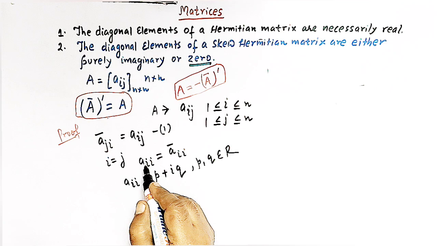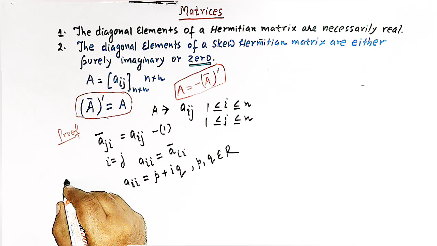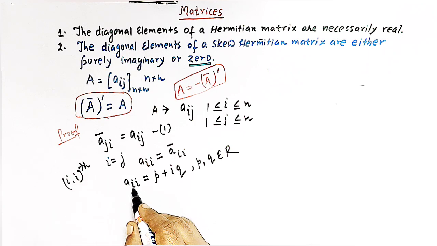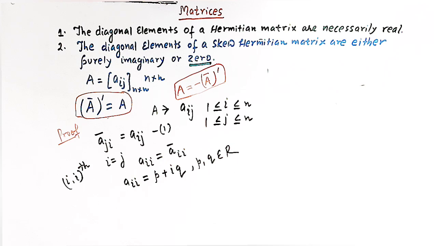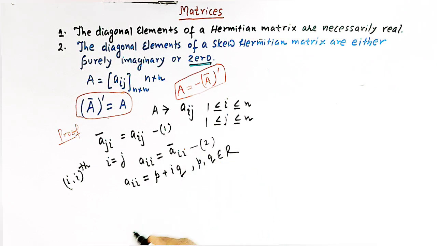So we are taking the diagonal element, that is a_ii, the i comma ith element, as p plus iq, where p and q belong to the set of real numbers. So let us take this equation as equation number 2.